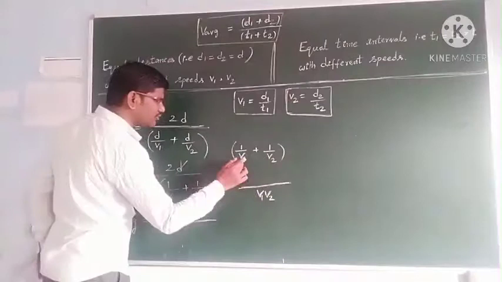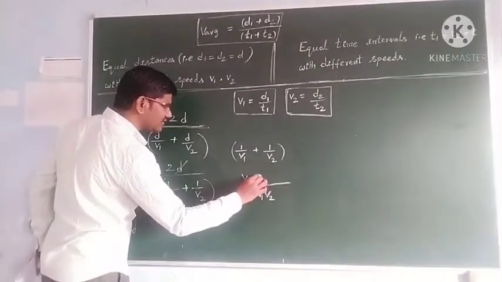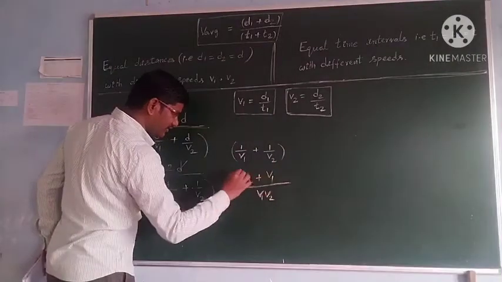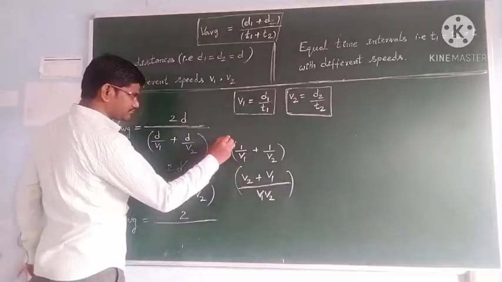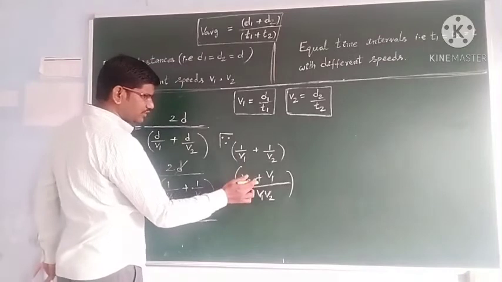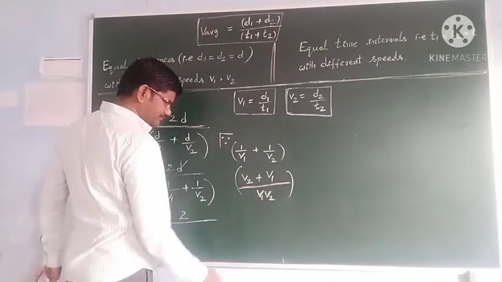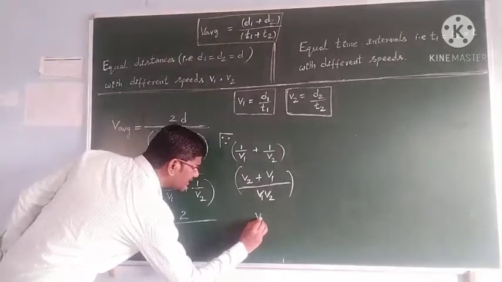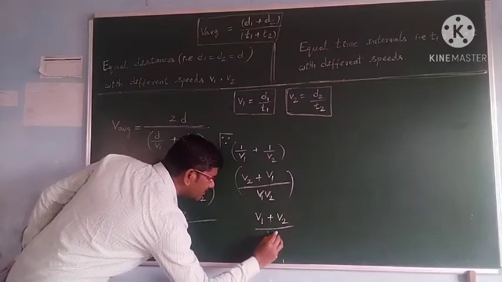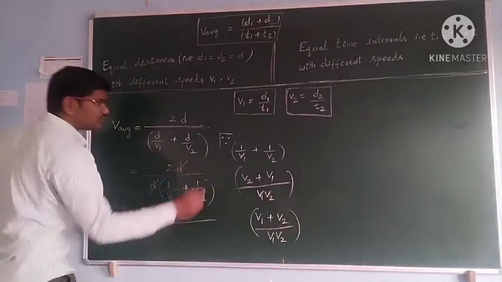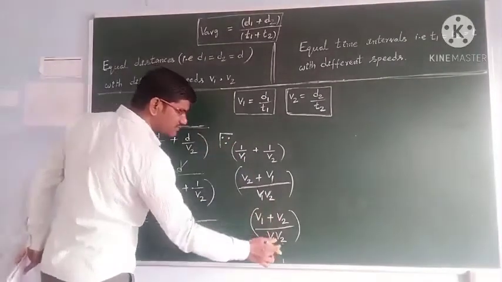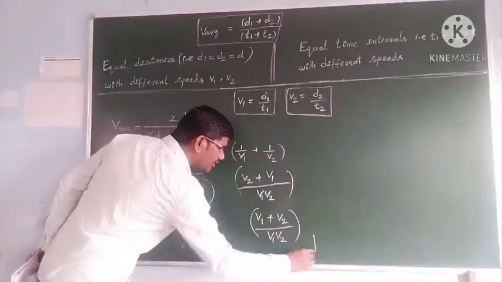With v1 v2 as the LCM, v1 gets cancelled, v2 is left, plus v2 gets cancelled with v2, v1 into 1 is v1. So 1 by v1 plus 1 by v2 has the value v2 plus v1 by v1 v2, I can write like this students, v1 plus v2 by v1 v2. Okay students.